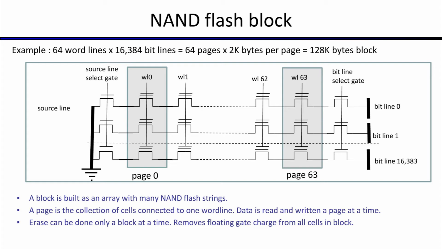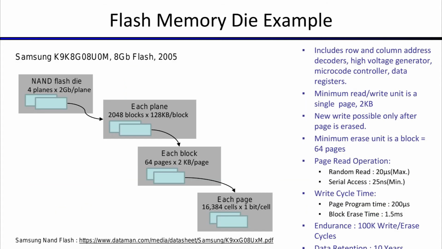How is a flash memory die now created? Here's an example of a Samsung one that I took. This is a die which has 4 planes and 2 gigabit per plane. Internally, it puts the blocks together in different planes, and the difference between blocks and planes is a plane has several blocks.